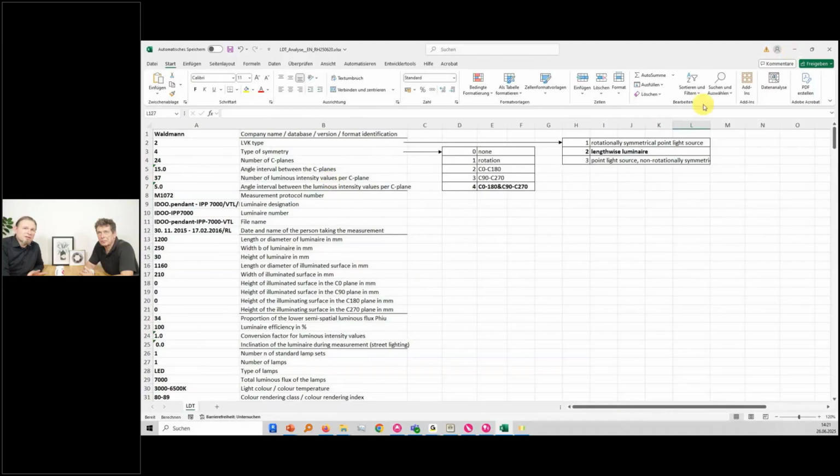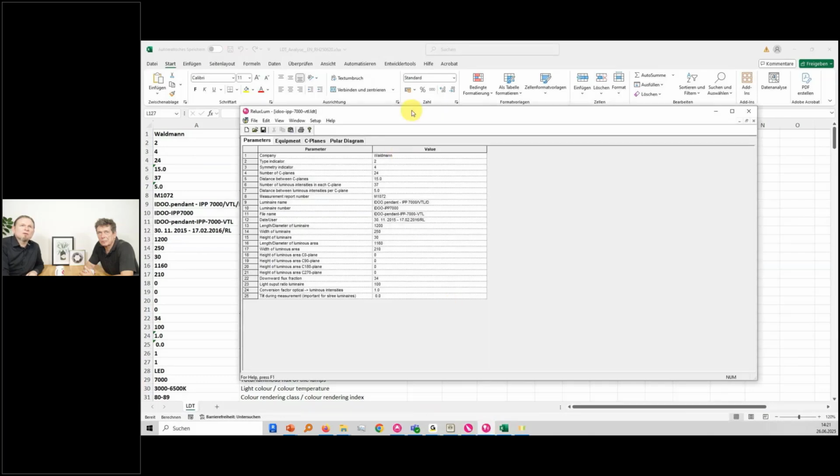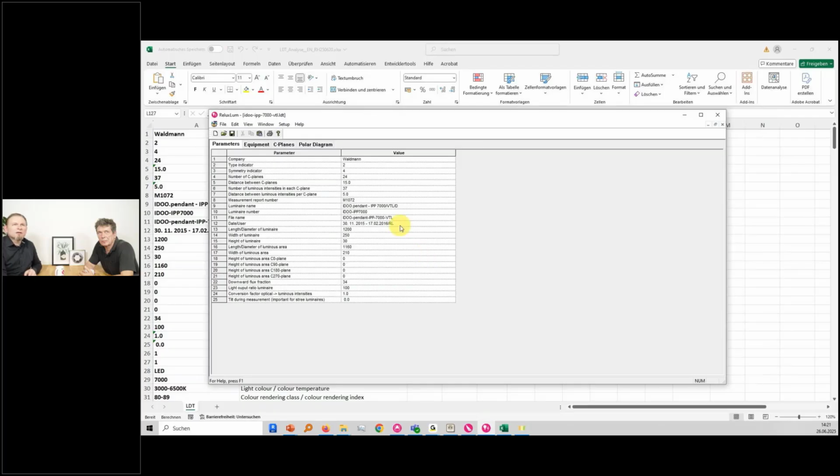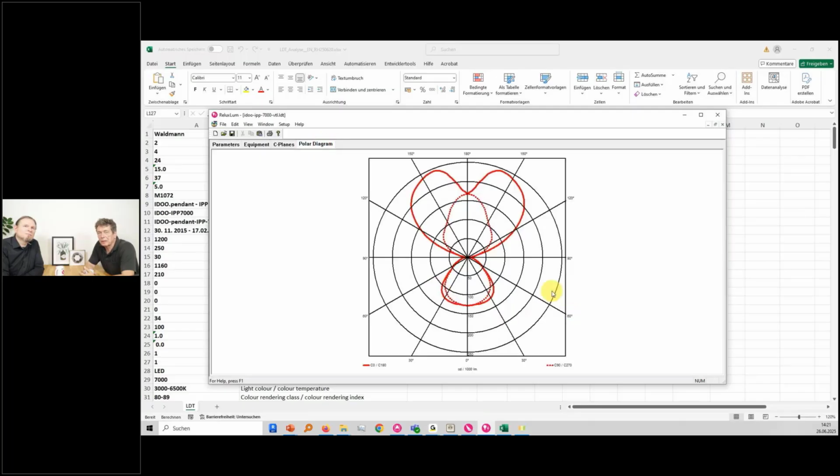And besides this Excel sheet, of course, there are tons of interesting tools, like here, for example, the Relux Lum. This is a tool you find in the root directory of our installation folder. You will still find the executable reluxlum.exe, and you can still start it and use it.